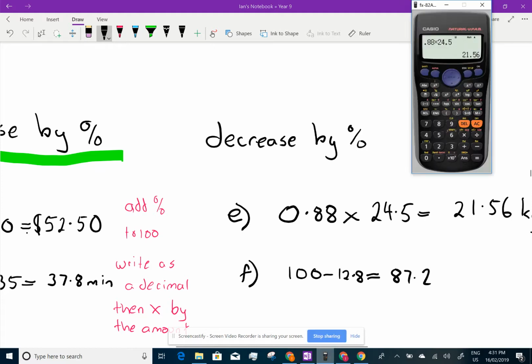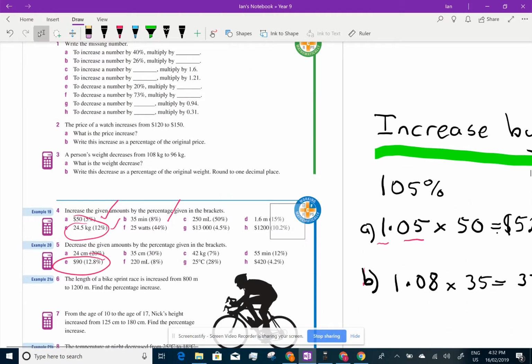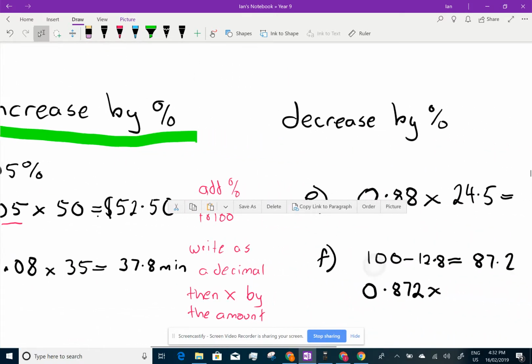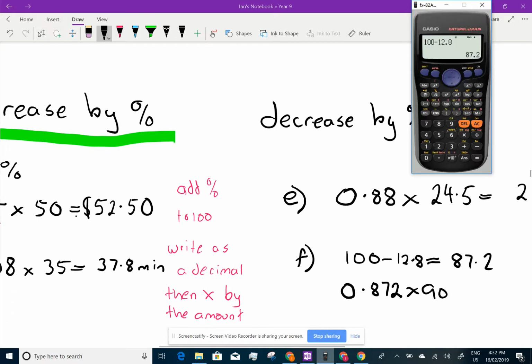Let's double check. 100 minus 12.8, 87.2. As a decimal, that's 0.872 times, what's the amount? $90. Still got that on my calculator.